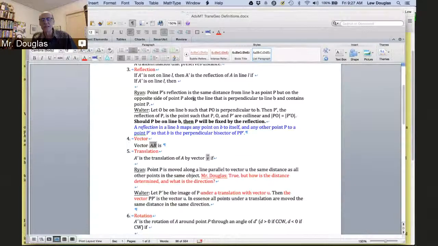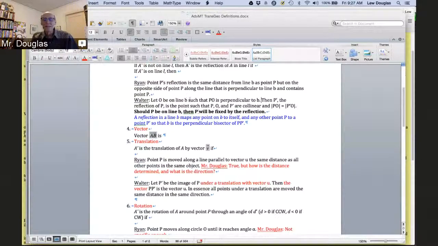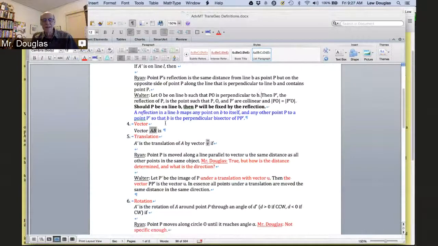There's a constructive type, which tells you how to do it, and Ryan's is kind of along that line. And then there's a descriptive type, which says just, here are the conditions. And I think Walter's a little more like that. They're both long.